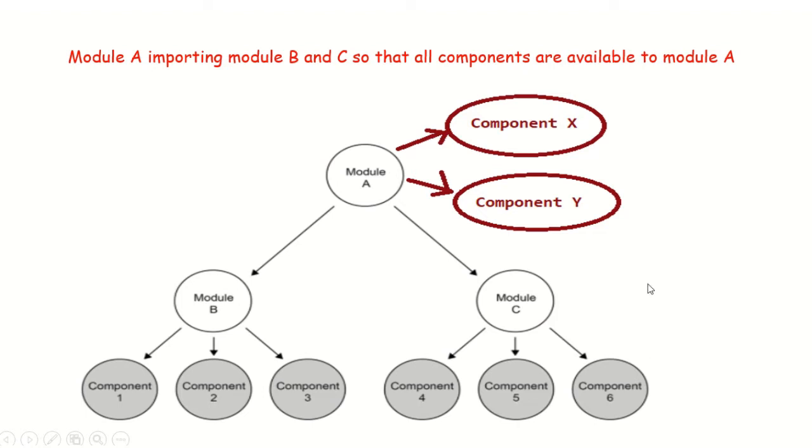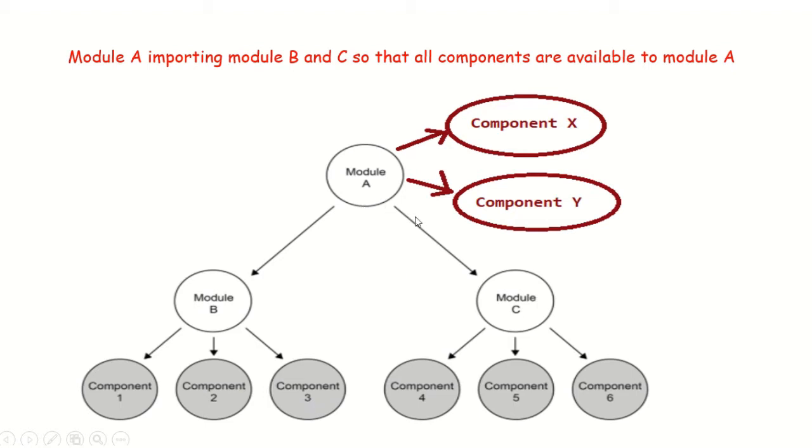I am giving a pictorial representation. It represents a module A that is using modules B and C. Module A has two components, X and Y. Whenever it imports module B, it automatically imports components 1, 2, 3.